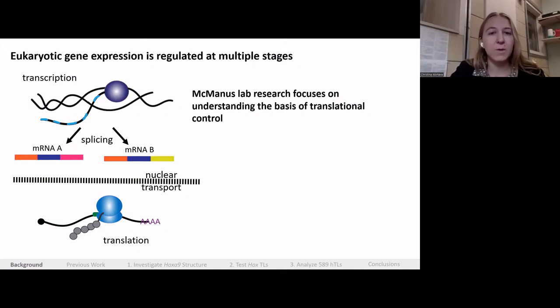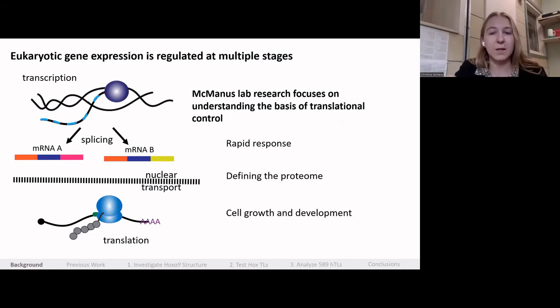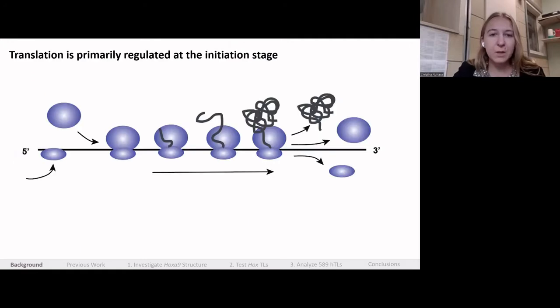And translation as a regulatory mechanism often offers a rapid response to stresses or cellular development by directly regulating protein expression and without impacting these other levels of control, for example, splicing or transcription. Thus, translation is important in defining the proteome, controlling cell growth, and maintaining cellular fitness under stress.